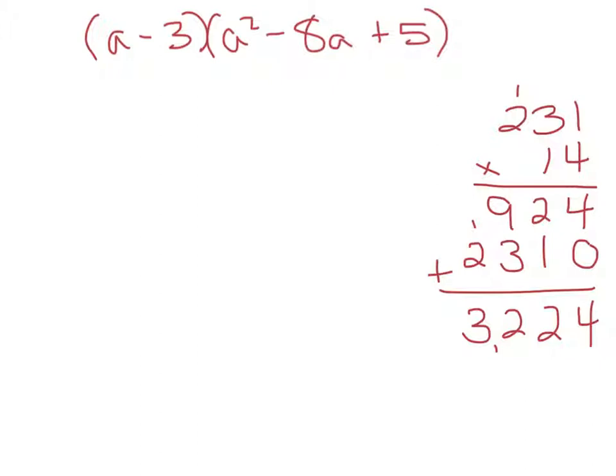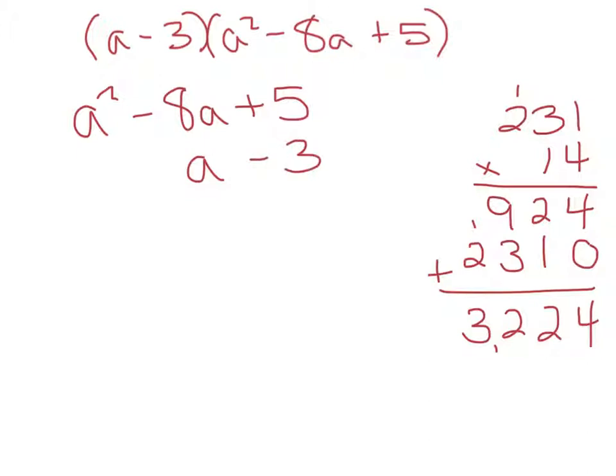We're going to do the same thing over here with these polynomials. So we're going to start with the polynomial that has 3 terms. So a squared minus 8a plus 5. And then below that, we're going to put our 2-term polynomial, a minus 3. We're going to give ourselves a nice little line and a times sign. Okay? So just like we did over here, we're starting on the right.